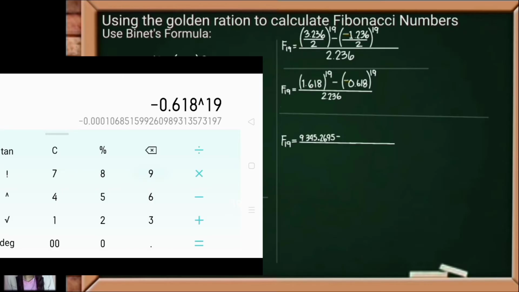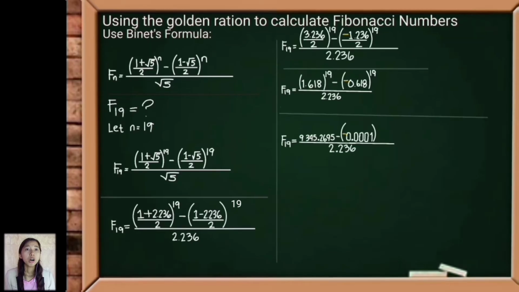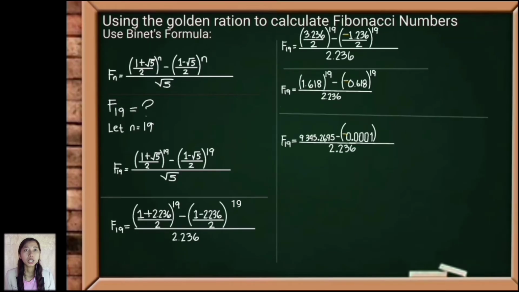So you have your calculator there, try to compute. The answer is negative 0.0001. It's actually longer than that number, I just have to estimate it to make it short. So I just use a 4-digit number here. Then copy the denominator, all over 2.236. Simplify.